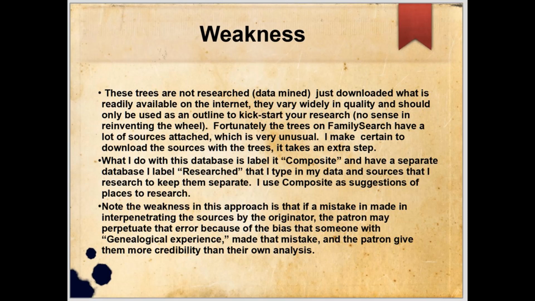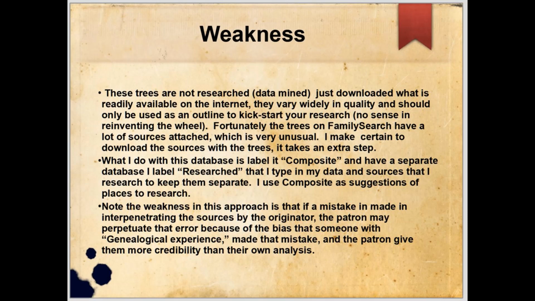What I do with this database is label it composite, and I have a separate database I label research that I type my data and sources into, the ones I have researched, to keep them separate. I use composite as suggestions or skeleton work for places to research.